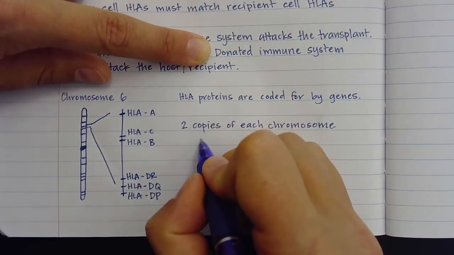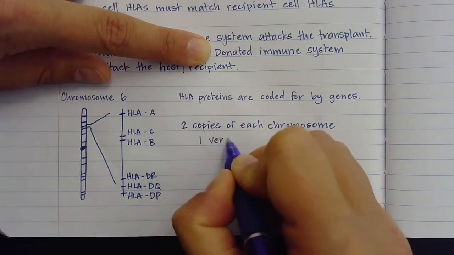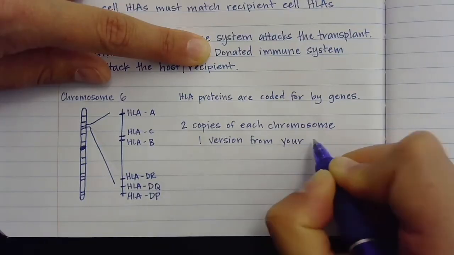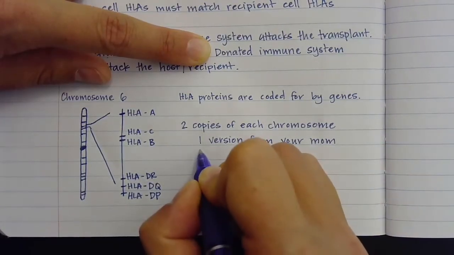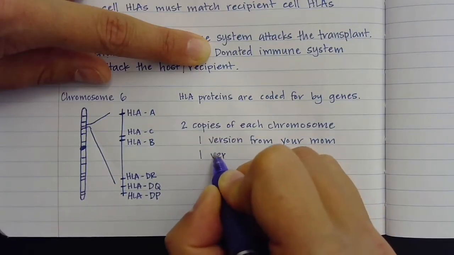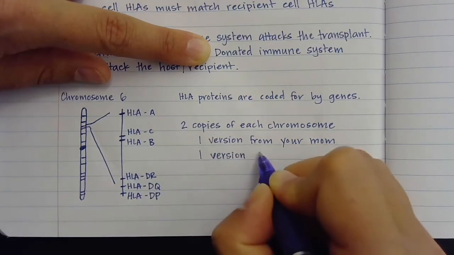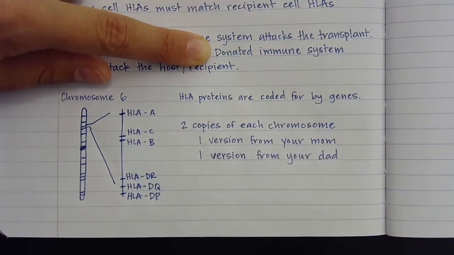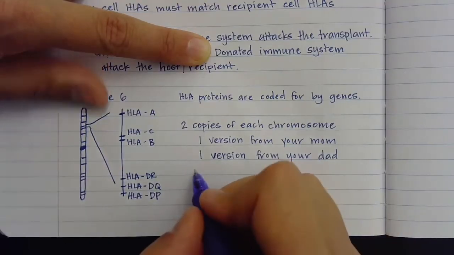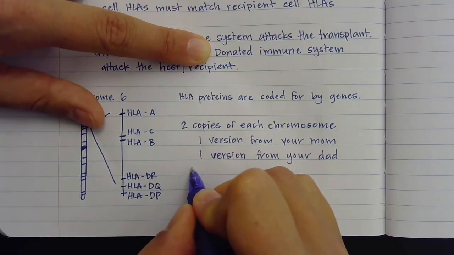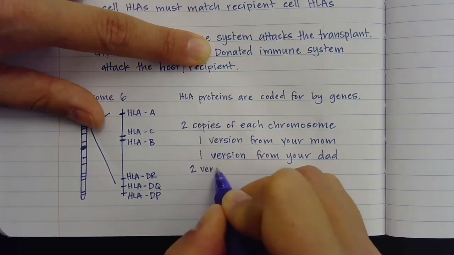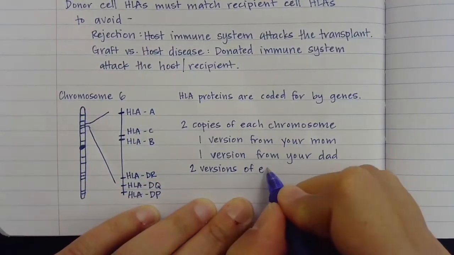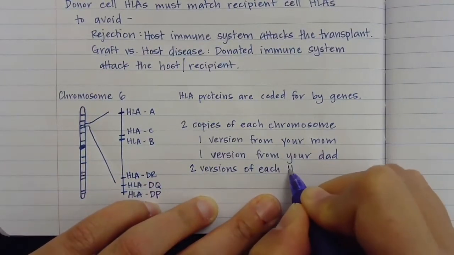So you have one from mom, and one version from your dad. Which means that you have two versions of each HLA gene.